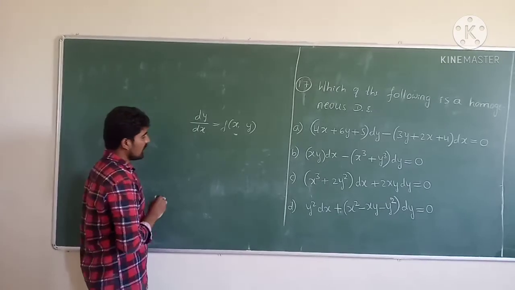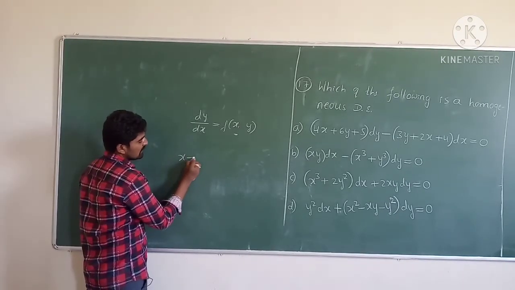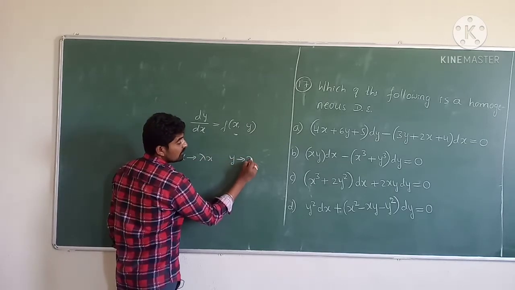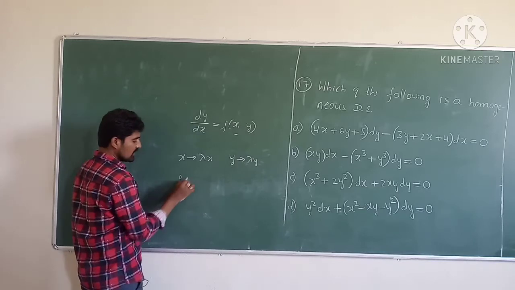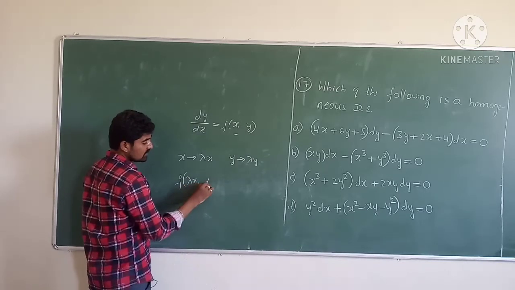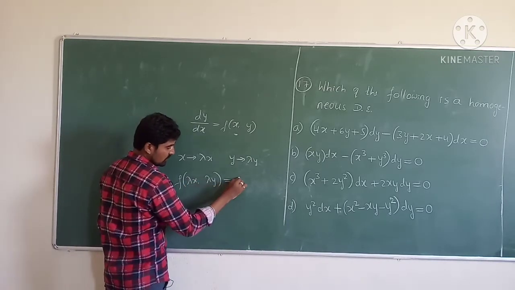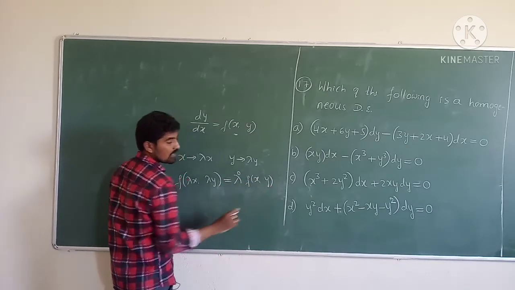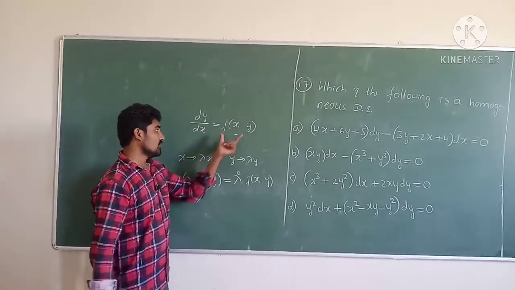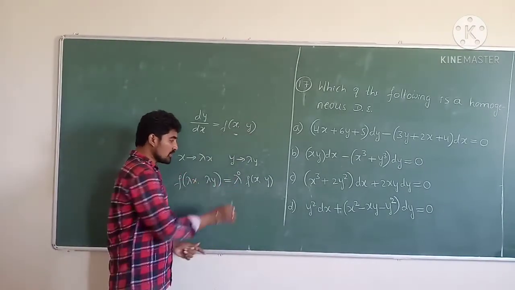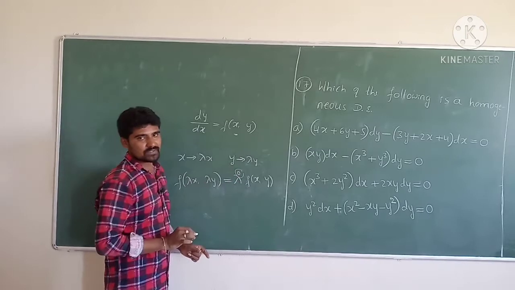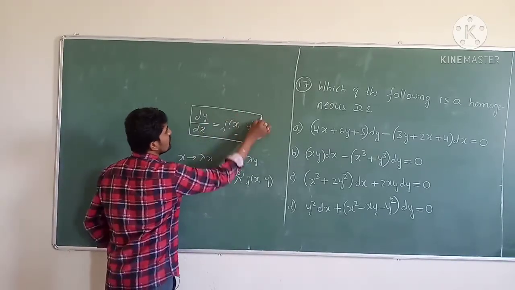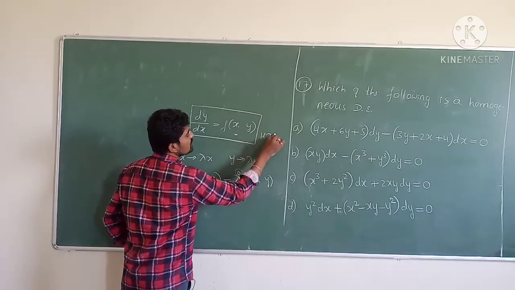That is, if we replace x by lambda x and y by lambda y, and the function f(lambda x, lambda y) is equal to lambda power 0 times f(x, y), then we call the function f(x, y) a homogeneous function of degree 0, and hence the given differential equation is a homogeneous differential equation.